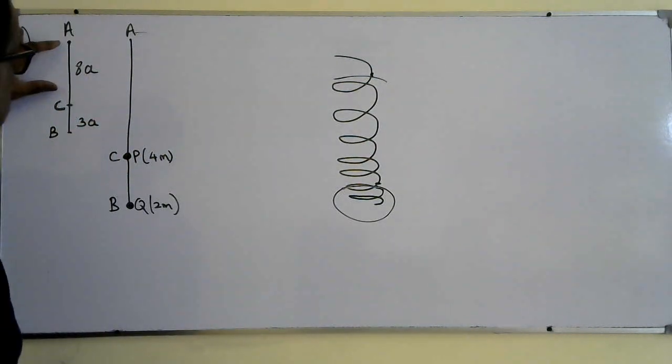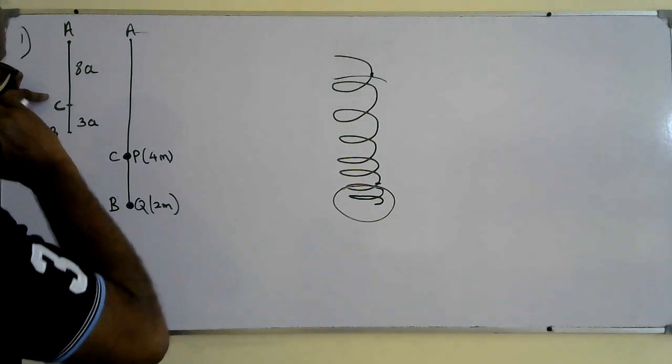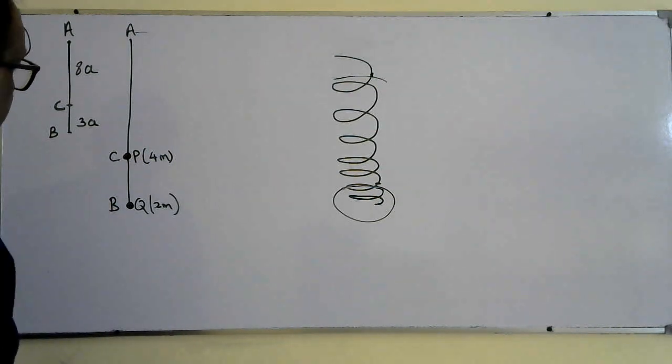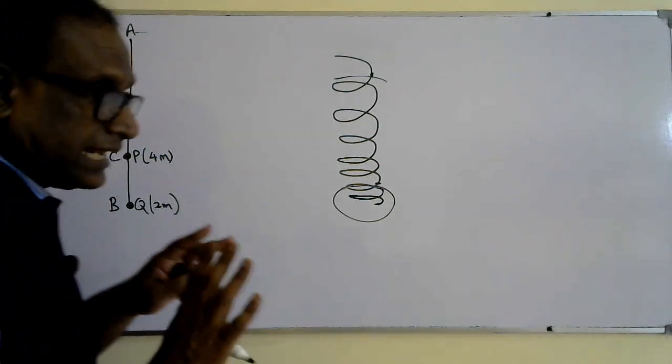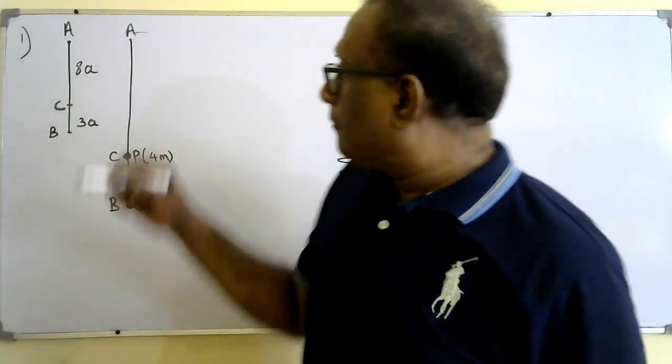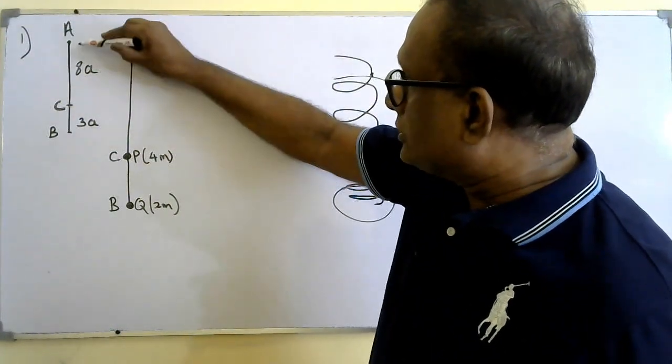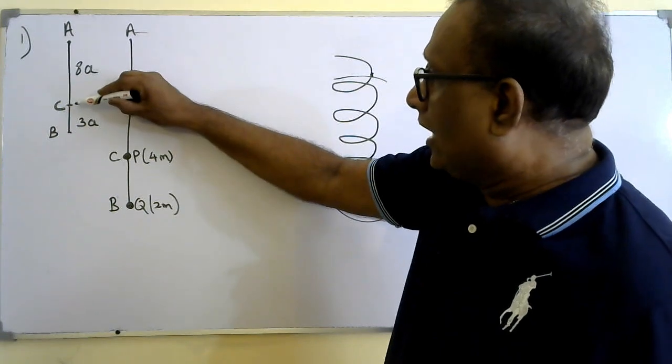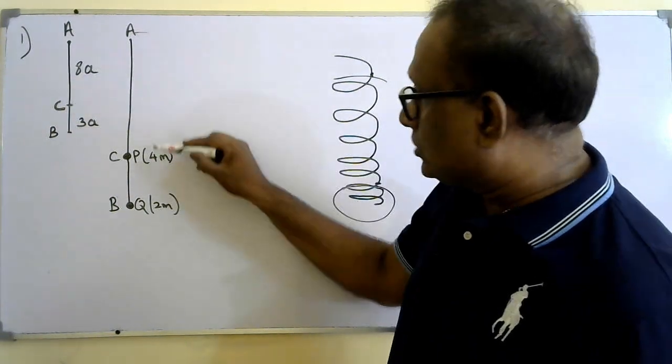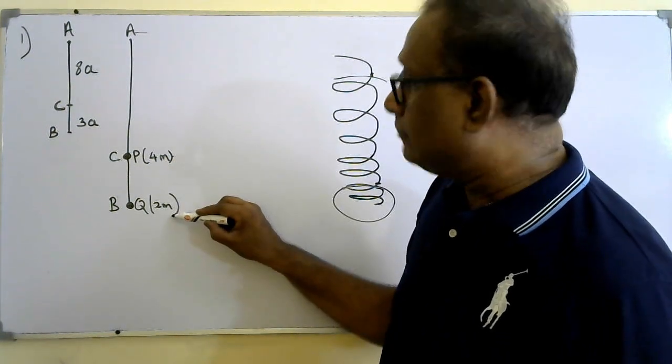When you think about this portion AC, which has length 8a, that portion has no weight, it's a light string. But in that portion AC, the total tension is equal to (4m plus 2m)g. Why?